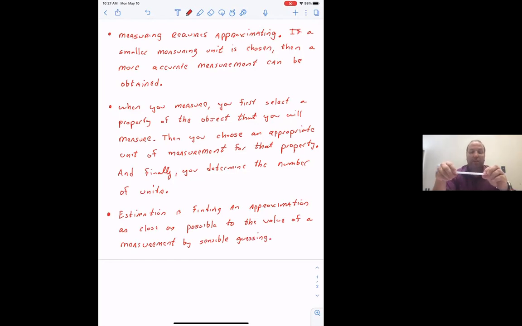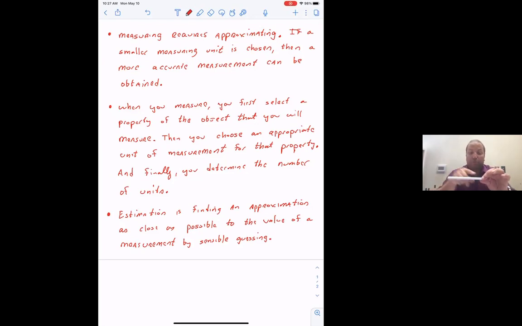When I look at this pen, I say, oh yeah, it's about 3 miles long, right? That's an estimate. 3 miles. It's not a really good estimate. In fact, it's probably the worst estimate ever made in the history of time, but it is an estimate. However, it's not a really good one.